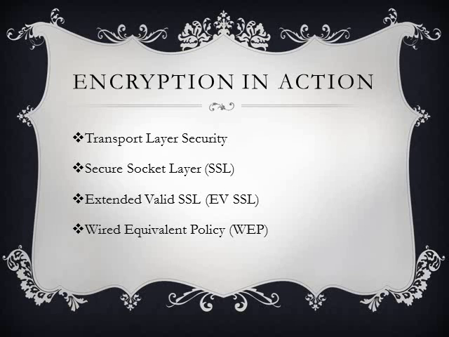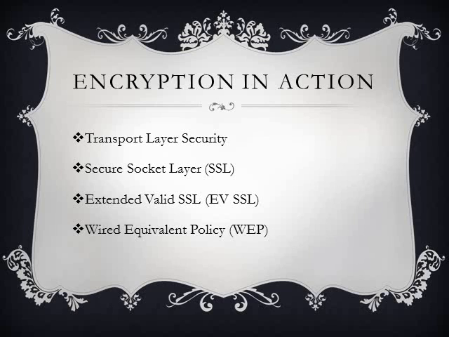The next, extended validation SSL or EV SSL, is a digital certificate system designed to verify the identity of online organizations. The organization applies to the certificate authority for a digital certificate. The CA performs checks on the organization to ensure that it's legitimate.